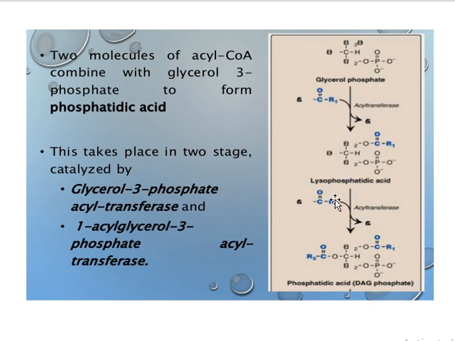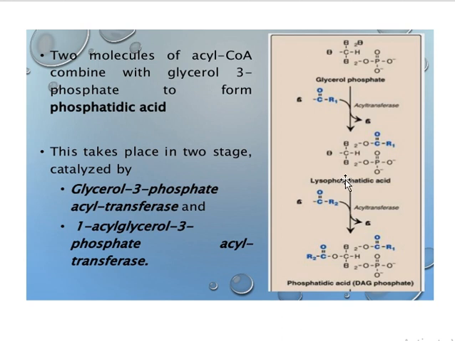Then a second esterification takes place with another fatty acid or Acyl-CoA at the second position of the glycerol 3-phosphate. This reaction is catalyzed by 1-acyl-glycerol 3-phosphate acyl transferase.